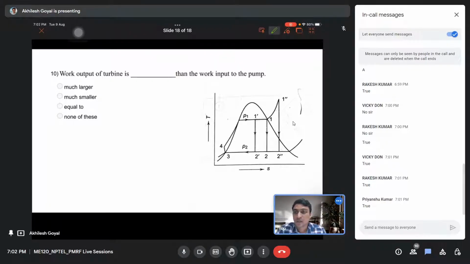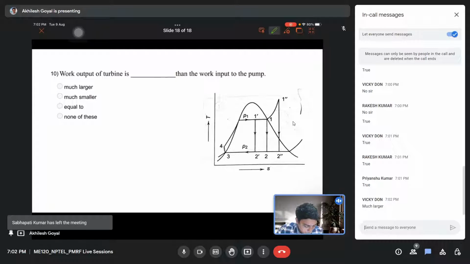What it says is, work output of turbine is blank than the work input to the pump. As we already discussed in the initial few slides, the work input to the pump from point 3 to 4 is much lesser than the work output from the turbine.